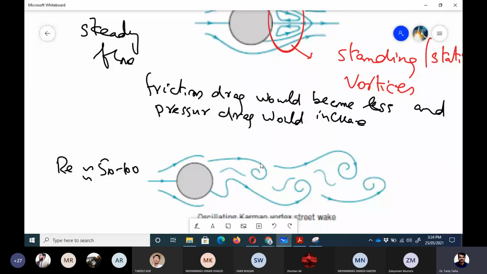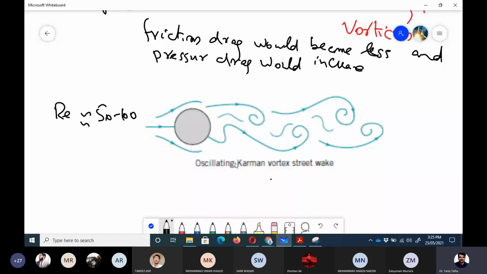So you can see the pattern that those vortices are moving down the flow, and we call it the von Karman vortex street. It is written here, oscillating von Karman vortex street wave region. So they would be actually moving along the flow. So we can always see the visualization of this kind of flow characteristics.